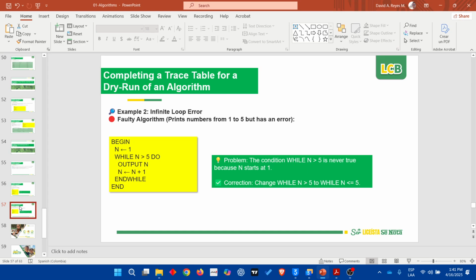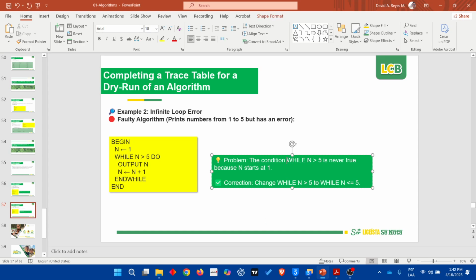This is another error in which apparently nothing is going to happen. Why? Because if you notice here, this algorithm is going to show the numbers from 1 to 5, but has an error. What is the error? The condition.